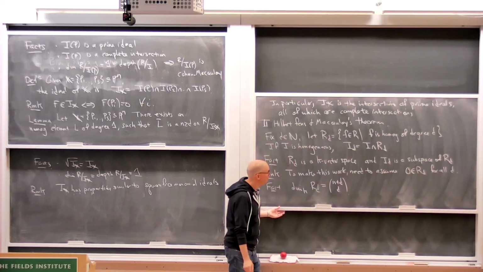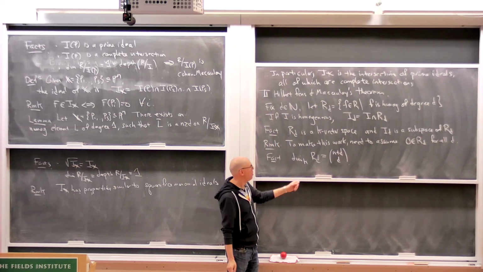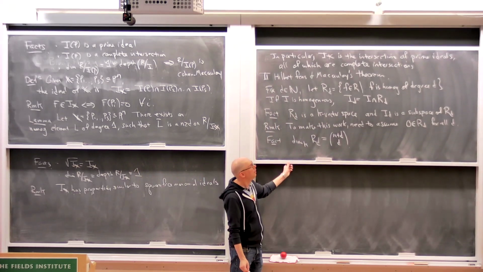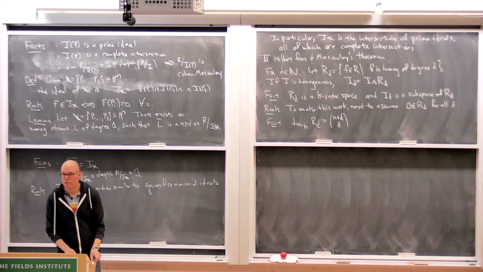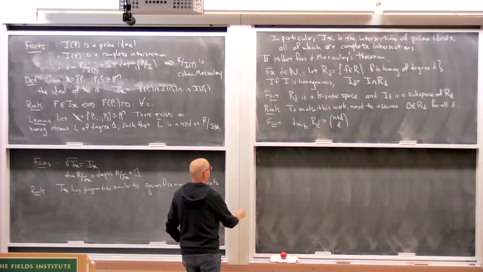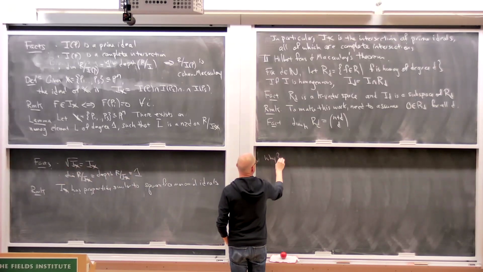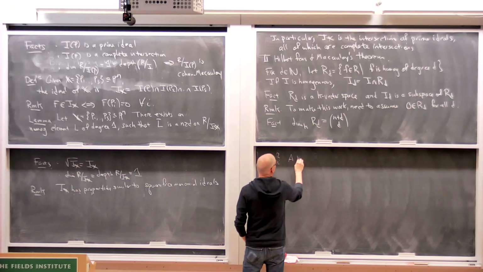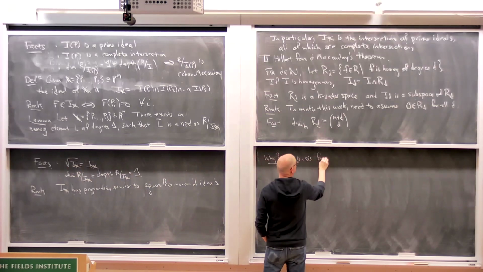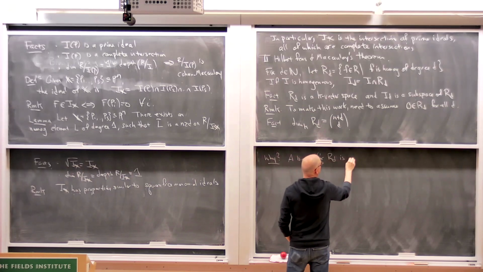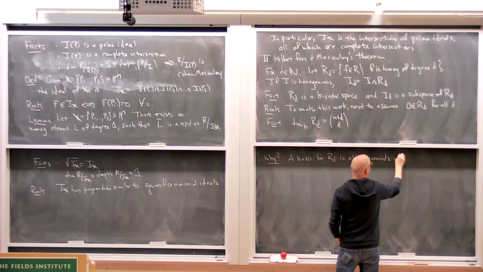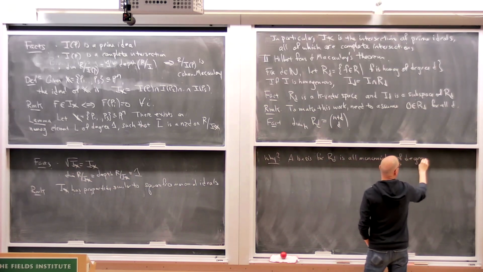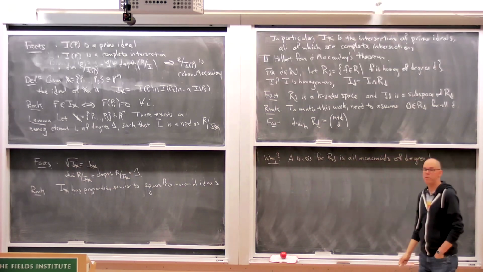One thing you should come away from these two weeks knowing is this formula. Fred mentioned that it's related to the stars and bars argument, so let me give you that connection here. Why is this? Well, a basis for R sub d is all monomials of degree d in your n+1 variables.